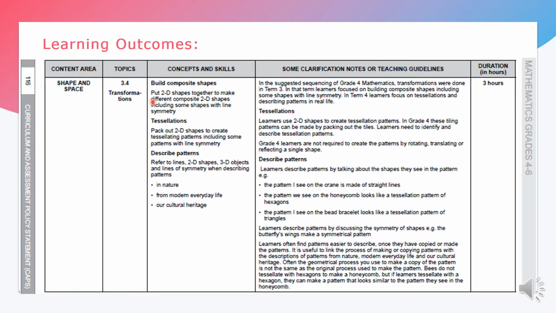Your first period is focusing on putting 2D shapes together to make different 2D shapes, including some shapes with line symmetry. Period 2 is tessellation. Remember the lesson plan that we showed previously, you're still going to look at it again. Tessellation packs out 2D shapes to create tessellating patterns, including some patterns with line of symmetry.